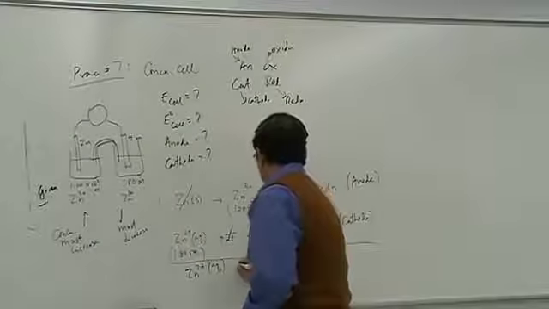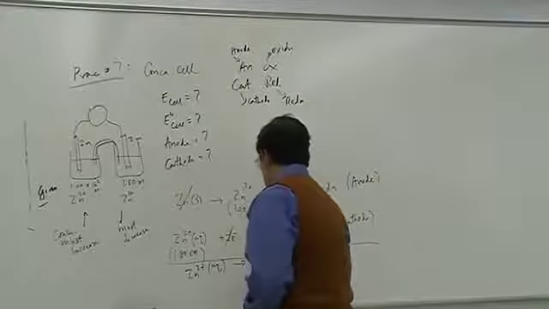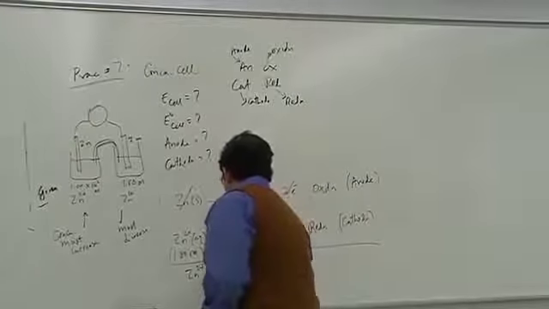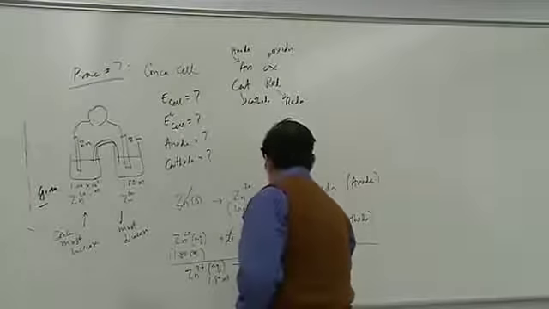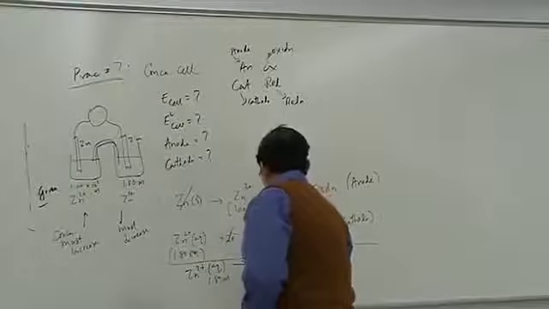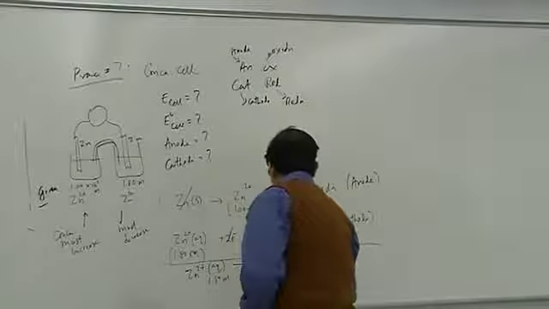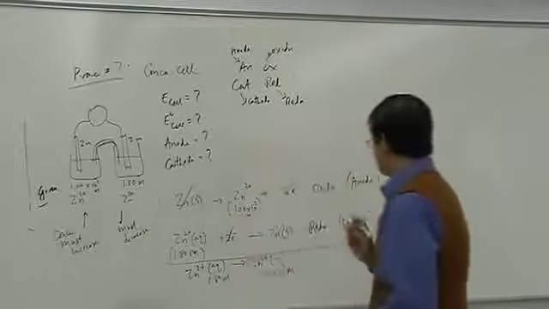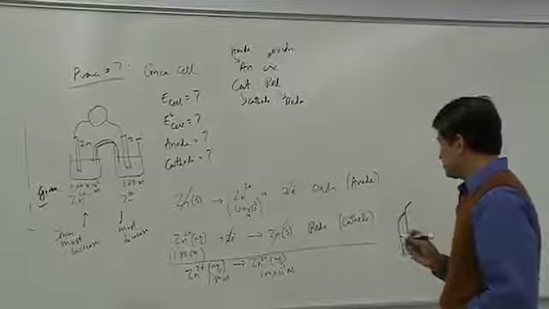Then this would give me zinc 2 plus with here 1.80 molar. And this zinc 2 plus on the product side would be 1.00 times 10 to the negative 2 molar. Everything else cancels out. So this is what you get now.